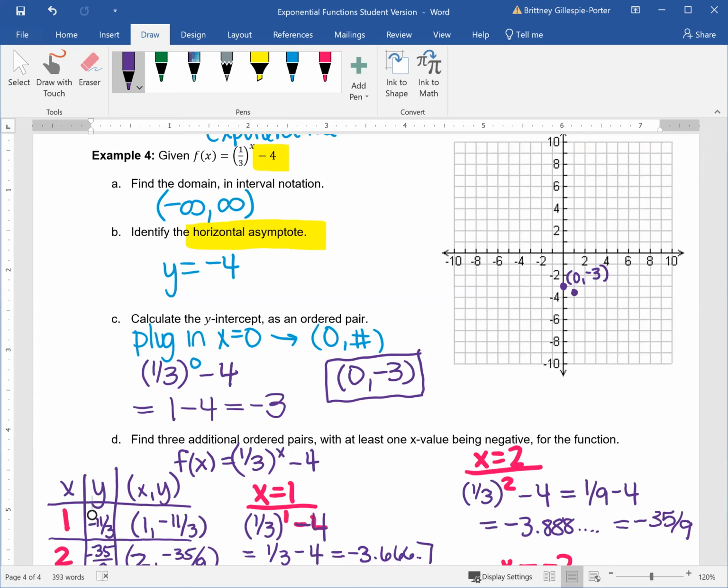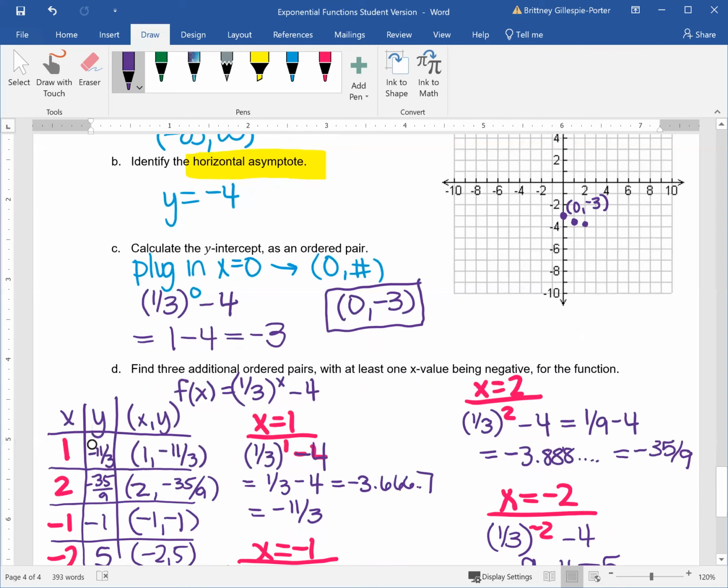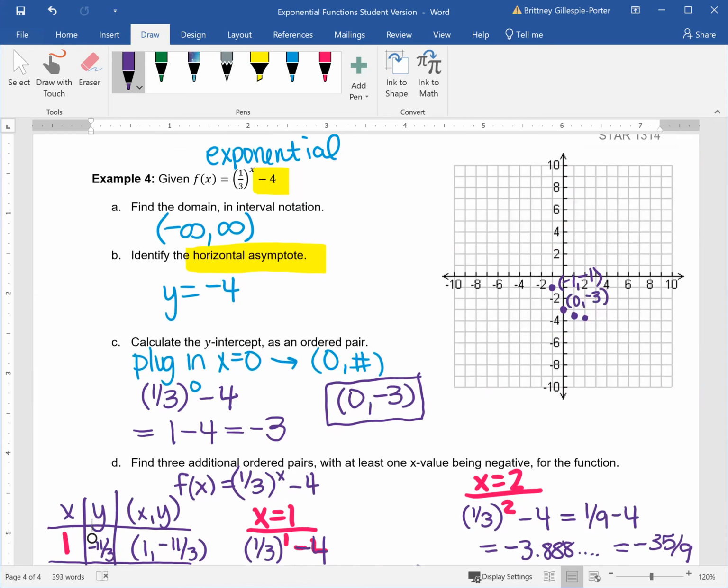At 2, we had 2, -3.888, so forth and so on. Really close to -4, but not quite. I'm not labeling those ordered pairs because that would take up my entire graph trying to write those fractions. When we looked at -1, we had -1. And when we looked at -2, we had 5. So -2 on up to 5.